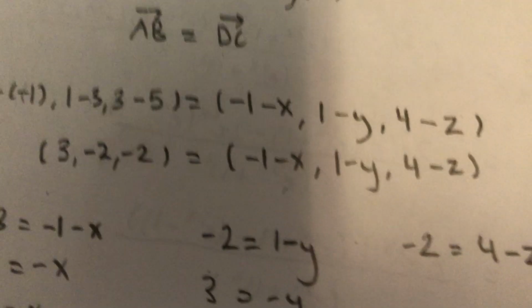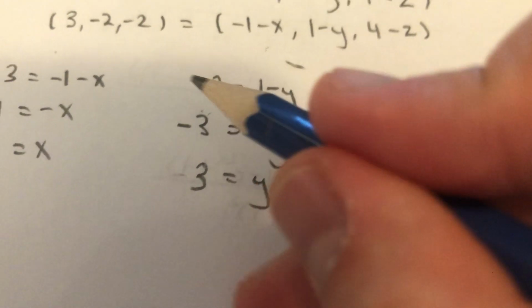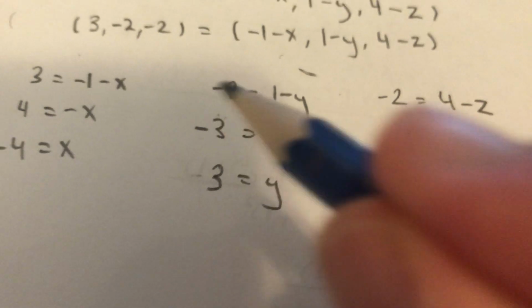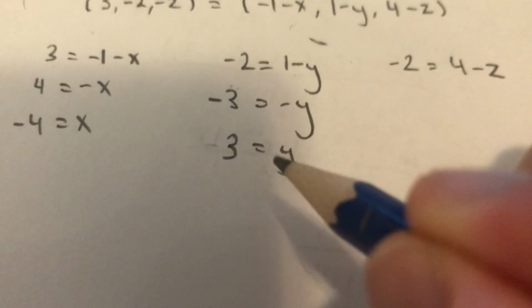Or sorry, no, I made a small mistake. By moving the 1 to the other side with -2, it's not 3, it's actually -3. So we have -3 equals -y, and that just turns into y equals 3.